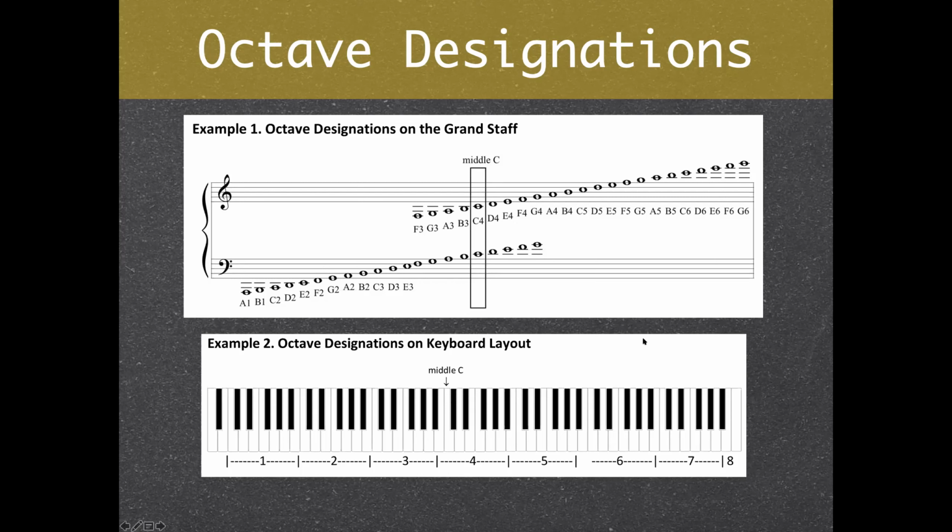We've been talking a bit about middle C, which is here. So that is the fourth C on the keyboard. So we're numbering the octaves, the spans of the keyboard, in this way. Where that's C4, this is C3, that's C2, and that would be C1.